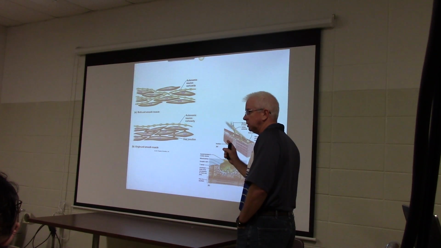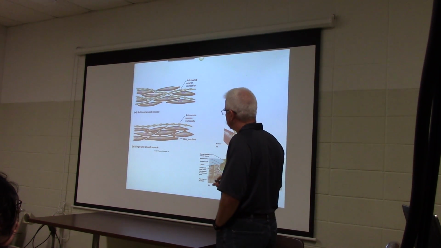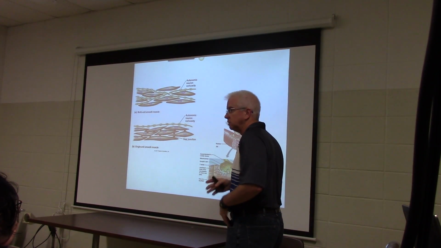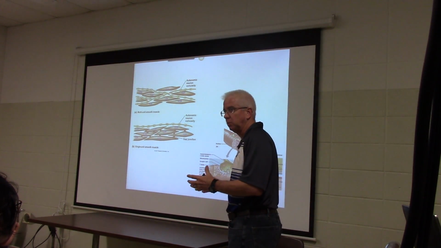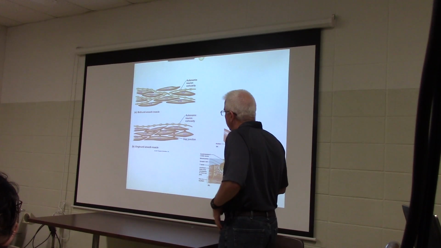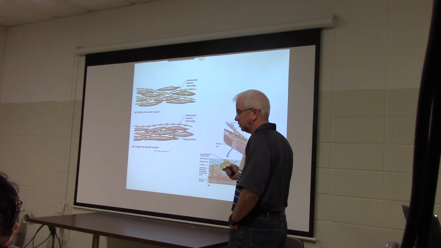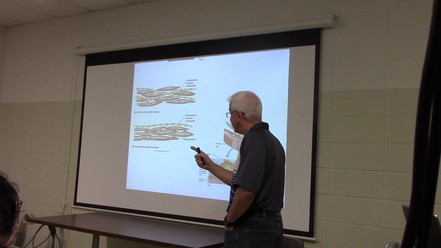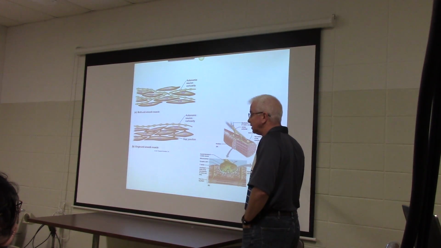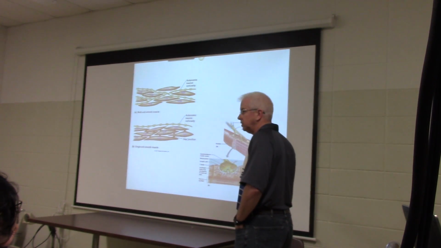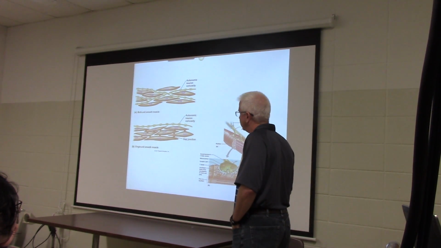But look at the innervation. This is going to become important to us. The innervation here of the single unit smooth muscle, those sheets of smooth muscle that exist in those hollow places in the human body, are not innervated in the same way that the erector pili muscles are innervated, and they are not innervated in the way skeletal muscles are innervated. So these are three different innervation patterns to make note of here.